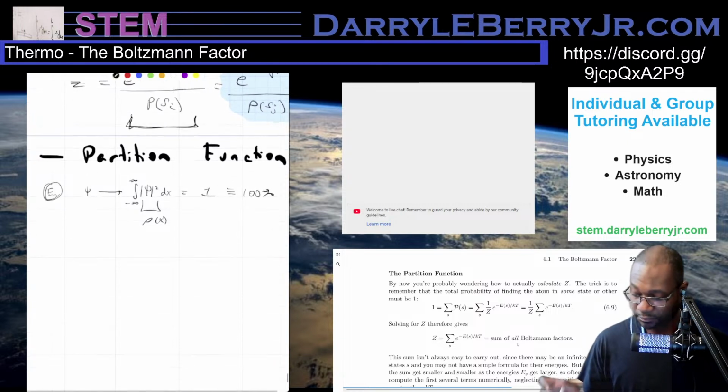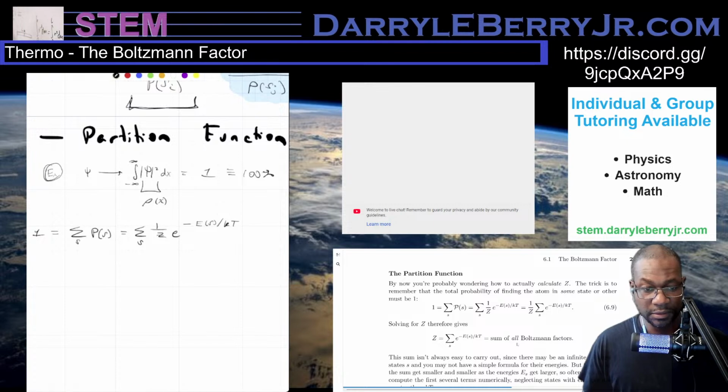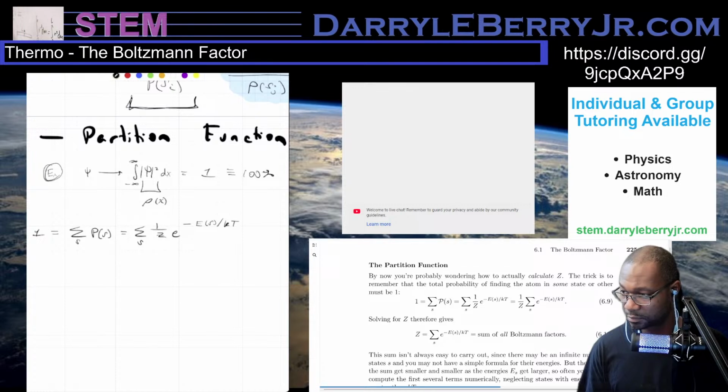So the same idea is going on here, where 1 equals adding up the probabilities of all the states. We can plug in the partition function. I'm not sure what they did for this last step. Let me increase the size of the book a little bit. Oh, I see.